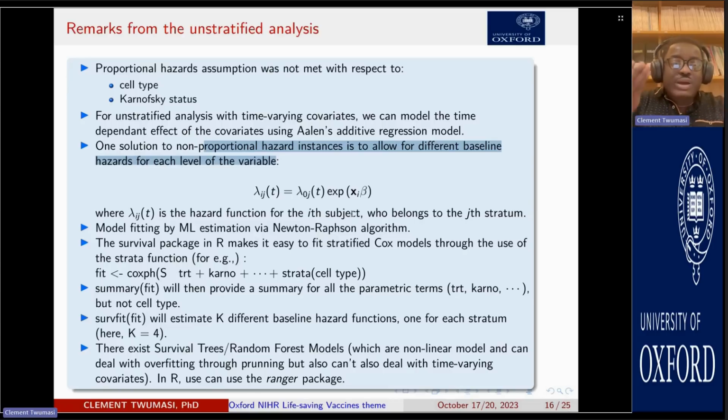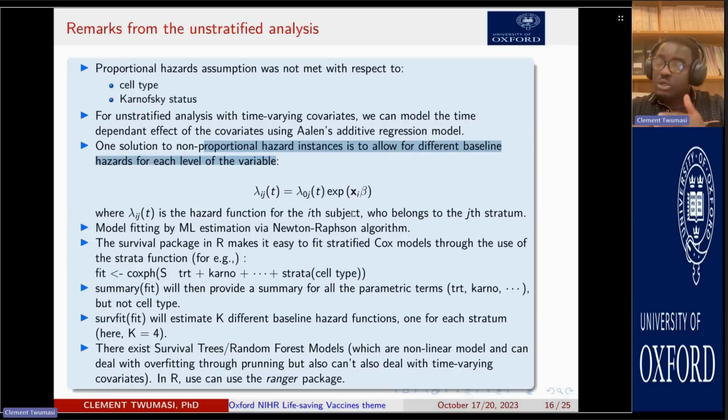So you think about the stratification like that. It means that once you stratify with respect to a certain structure that was not helping to achieve that constant proportional assumption, it's more like trying to split your data, split your model or construct your model to have different base rates or different hazard rates across the levels of that particular stratum.